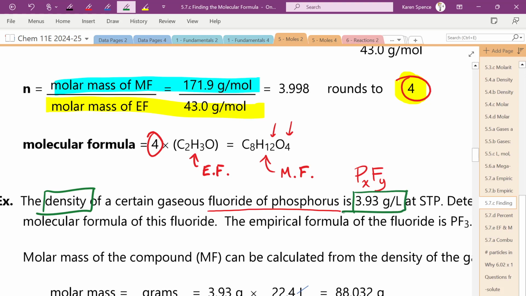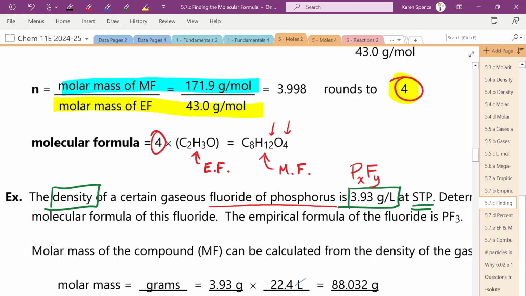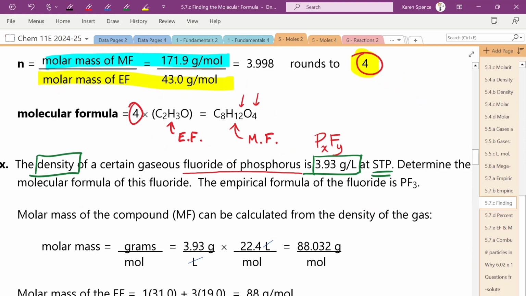It's gaseous and it is at STP. Isn't it fortunate that we've been doing some stuff with gases at STP? Determine the molecular formula of this fluoride. The empirical formula is PF3. So here's our empirical formula.